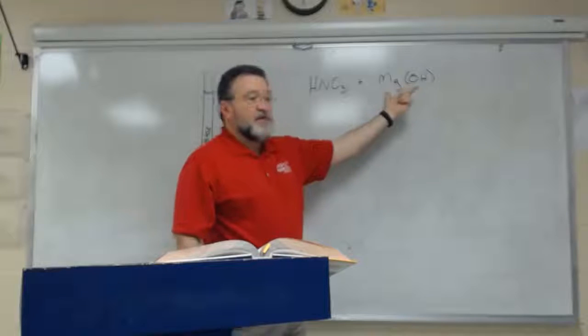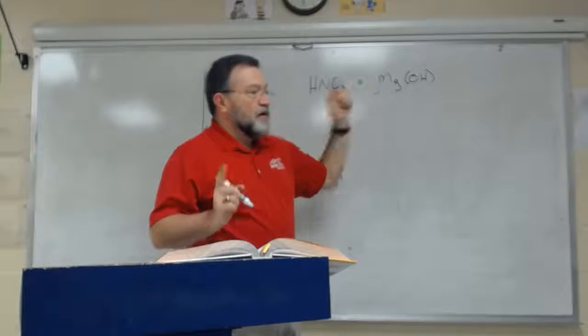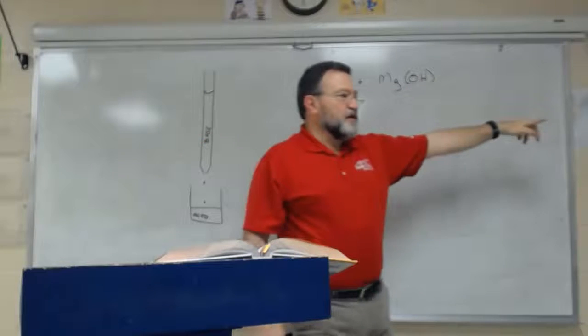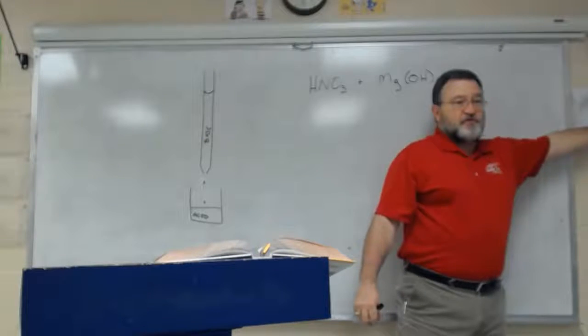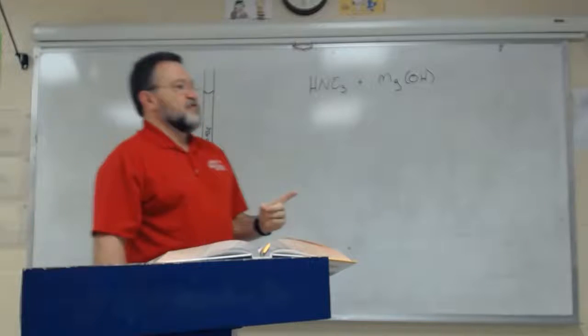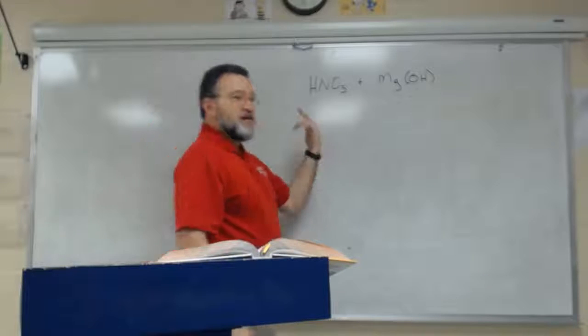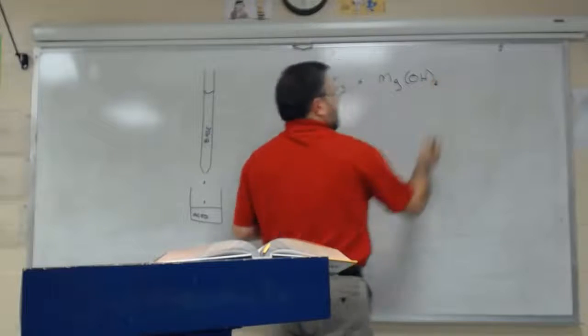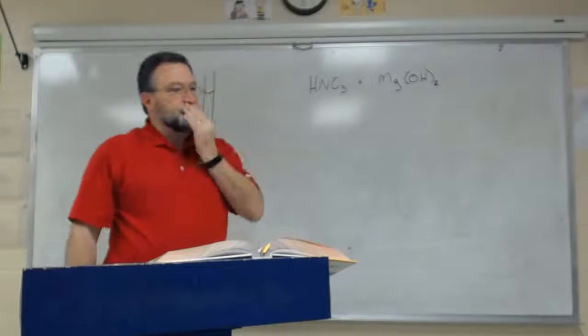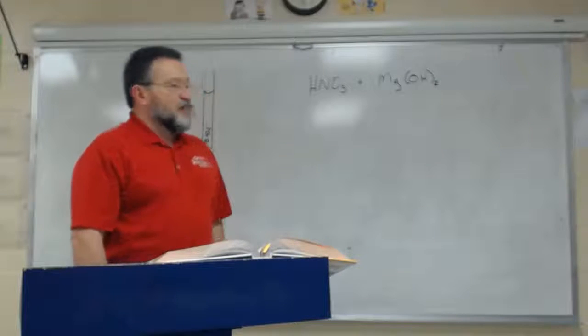Now, is this formula for the molecule correct? Magnesium hydroxide. Look over magnesium. As a cation, what charge does it take on? +2. What's hydroxide? -1. So what must the ratio be between the two? 2 to 1. 2 hydroxides for every 1 magnesium. So I'm going to do that by putting it there. Okay? So nitric acid and magnesium hydroxide.